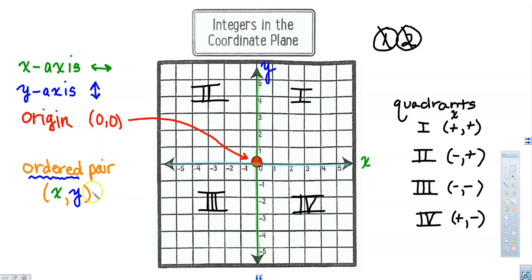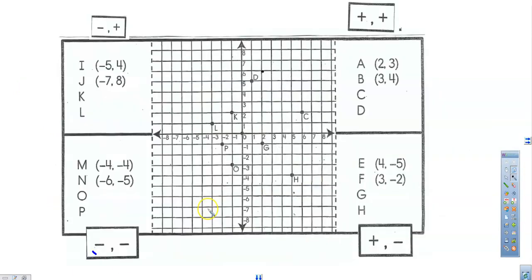And then we can use these number lines to create ordered pairs that we graph in one of these 4 sections on our graph. And if we know the signs of our numbers that we're graphing, we'll know exactly what section it belongs in. All right, now we're going to learn how to graph these points and read these points. So we're going to start with letter I.